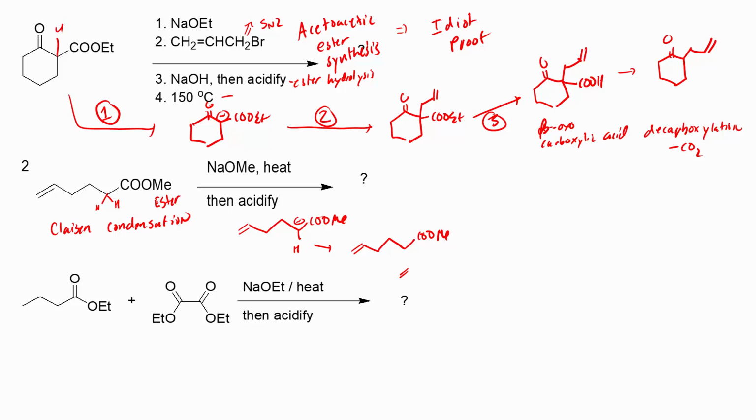Okay, the anion that we get, again, I'm going to draw it as the carbanion rather than as the enolate, so we can sort of get to what happens as quickly as possible here. All right, so there's a nucleophile, anion, there's an electrophile.